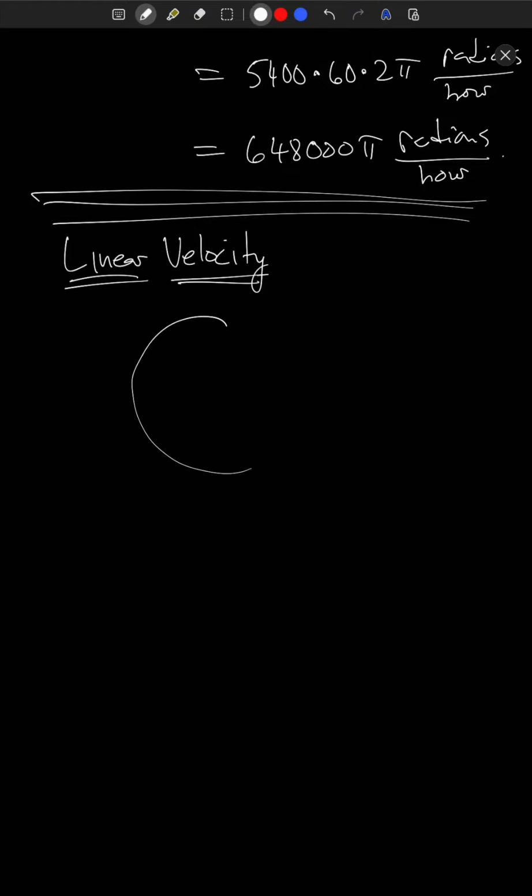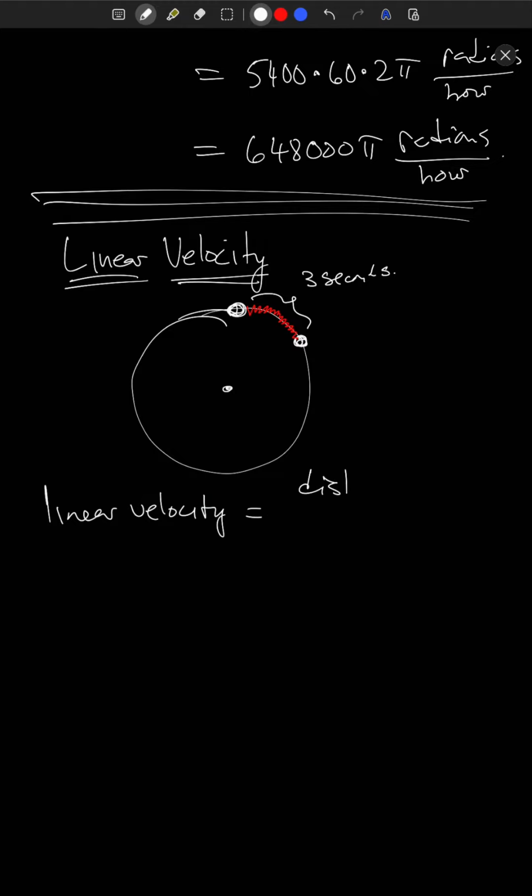So if we're talking about circular motion only, constant circular motion, we're traveling from here to here, let's say in 3 seconds. Okay. Your linear velocity is going to be this length. So linear velocity equals distance traveled.